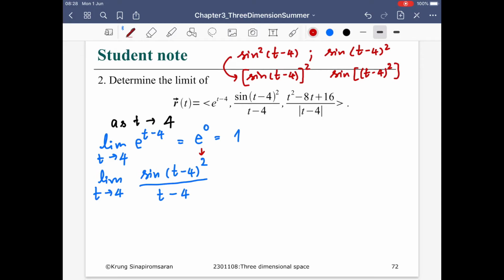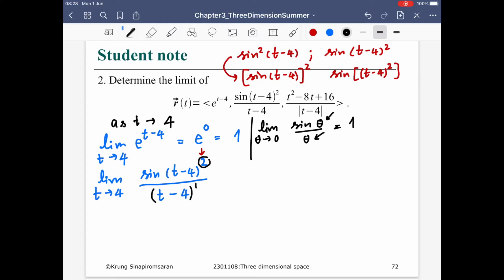The other thing you may need to recall is that as theta goes to 0, sine theta over theta equals 1. So it has to be the same order of the angle in order to make sine theta over theta go to 1. But this one has order 2 and this one, at the bottom, has order 1.